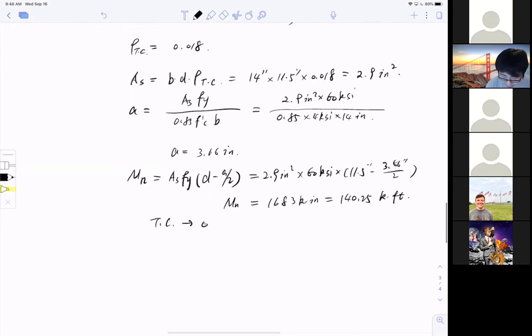Since it's tension controlled, I assume, well, I force it to be tension controlled to begin with, so phi equals 0.9. So phi Mn equals 0.9 multiplied by 140.25 kip foot. After this 90% reduction, I got 126 kip foot.